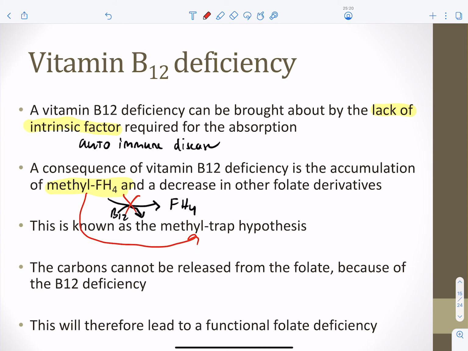Basically you cannot get rid of those carbons that accumulate in the cells in this most reduced form, because you cannot transfer them to vitamin B12. And this will lead to a functional folate deficiency because all your folate eventually gets trapped in that reduced form.